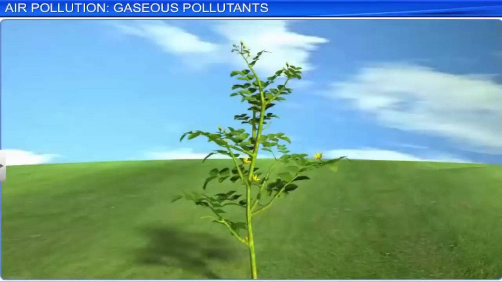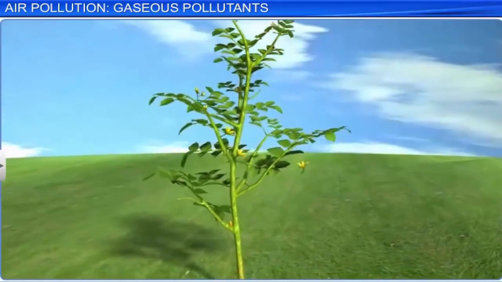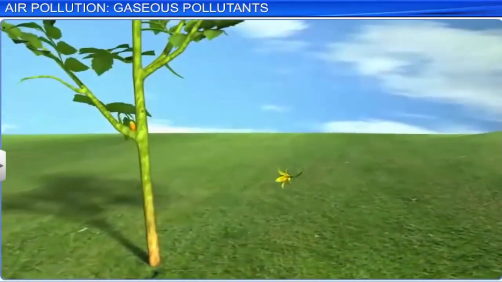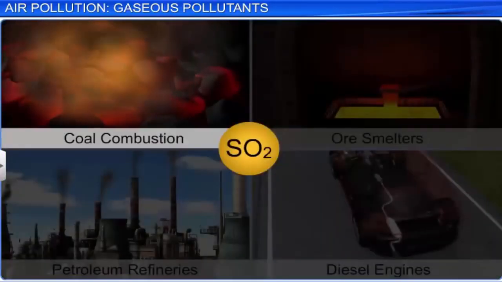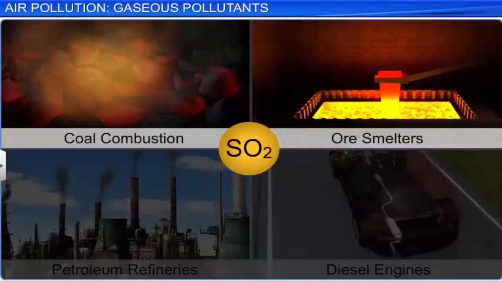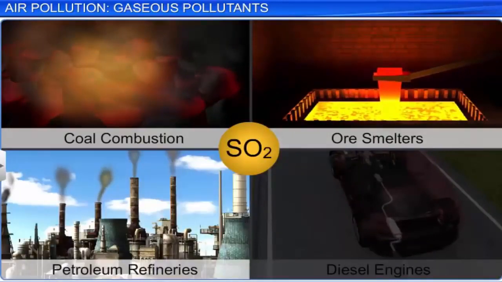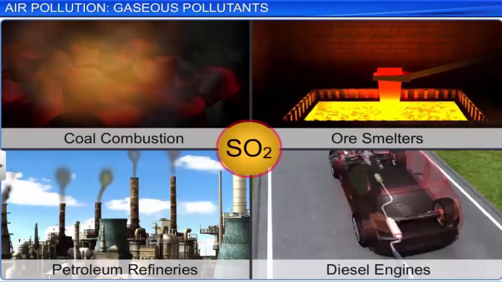In plants, a high concentration of sulfur dioxide makes the flower bud stiff and makes them fall off, hampering its reproductive cycle. Coal combustion, ore smelters, petroleum refineries, and diesel engines are some sources of sulfur dioxide.